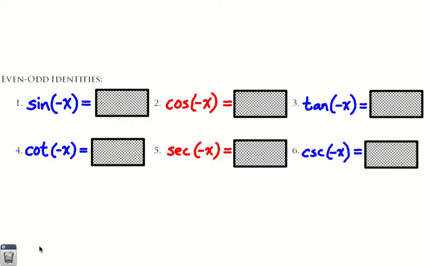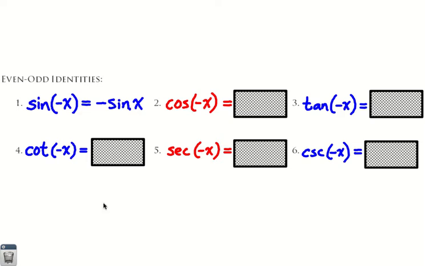Now here we have some brand new fundamental identities that I don't think we've mentioned before or wrote down before, and they are called the even-odd identities. And it pretty much talks about how the sine of negative something, like the sine of a negative angle, is actually going to be equal to negative the sine of that angle.